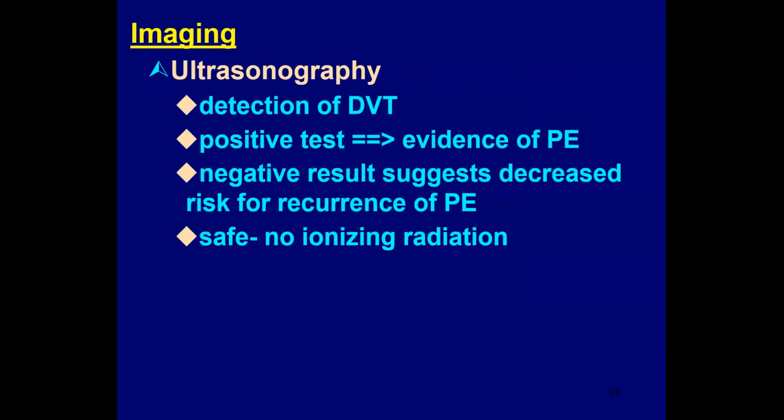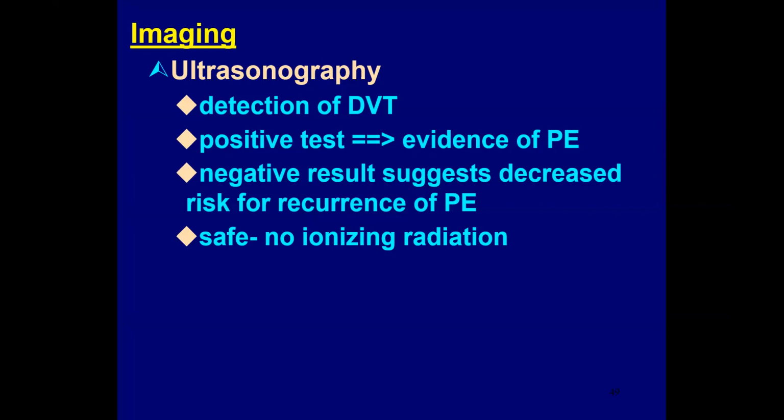Well, now we're getting to modern times here, ultrasound. Ultrasound is valuable in detecting deep venous thrombosis. If the other signs suggest pulmonary embolus, and the ultrasound suggests deep venous thrombosis, then the positive test will be evidence for a pulmonary embolism.